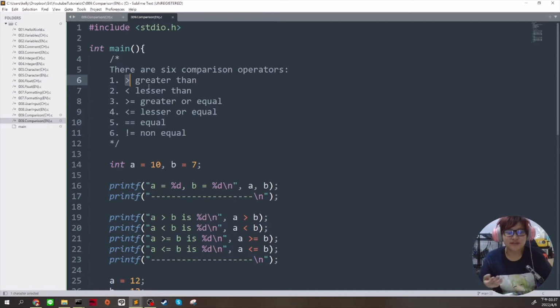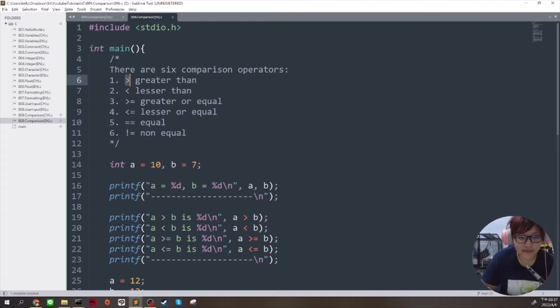It's your choice. But be aware that when you compare two different data types, it can cause unexpected results.